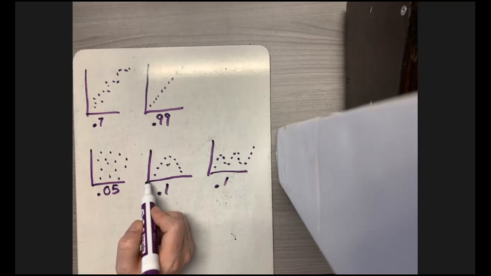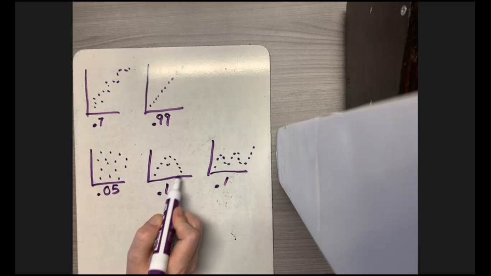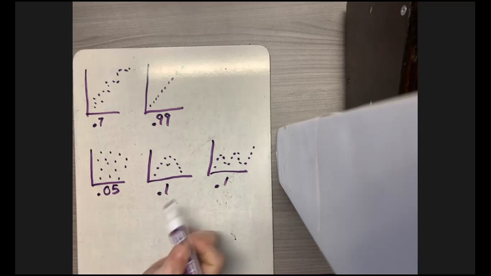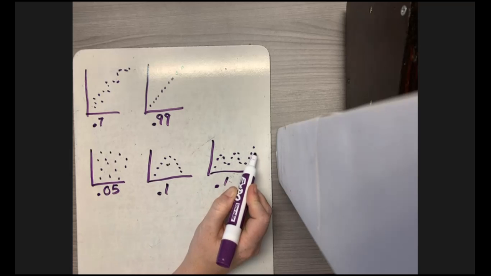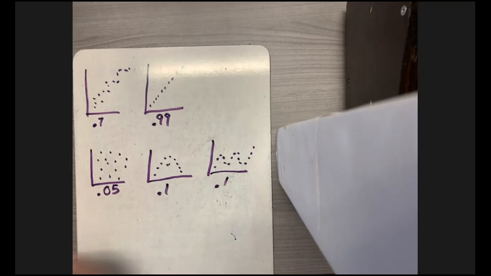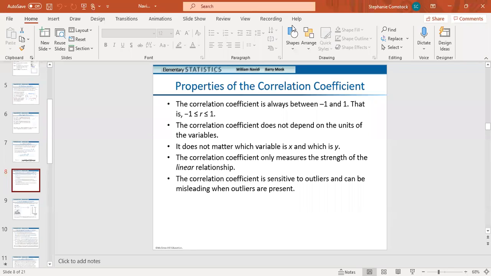It's going to say this is a really bad line, because if it tried to go this way, all of these dots tend to mess up that patterning. If this one tried to do something through here, all of these dots are messing it up. Okay, so when we look at stuff like this, we have to remember that this is only going to talk to us about a linear relationship and not any other shapes.